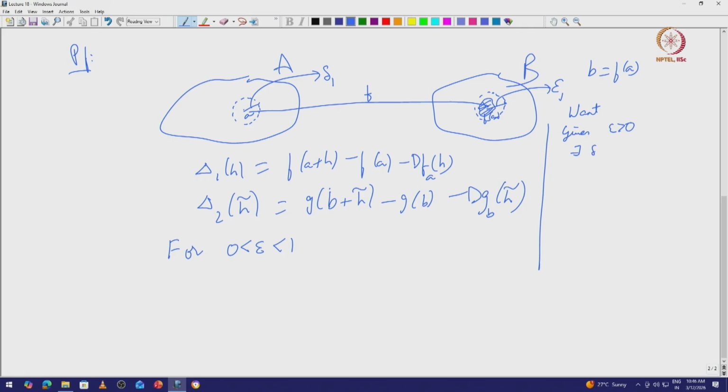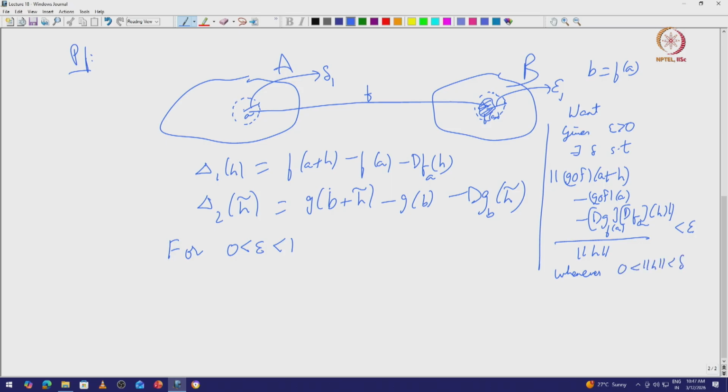There exists a delta so that the linear approximation holds: g composed with f of a plus h minus g composed with f of a minus dg at f of a times df of a, multiplied with h, divided by norm h, is less than epsilon whenever 0 is less than norm h is less than delta, and of course a plus h is in A. This is what we want. We are heading towards this aim.